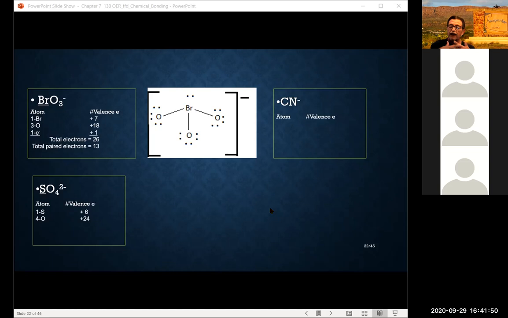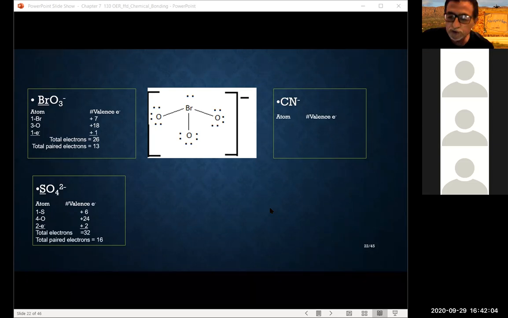And then it is an anion, a negative 2 charge, so we add 2 pairs of electrons to the valence electrons. That gives us a total of 32 valence electrons, or 16 pair.